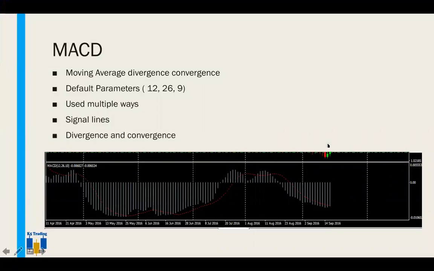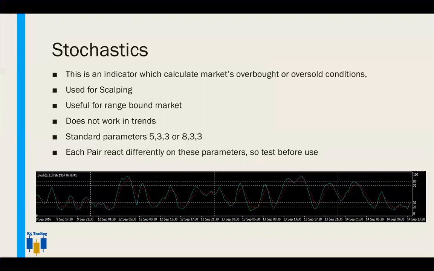Another indicator which I normally use is stochastic. Stochastic is simply an oscillator between 0 and 100. Normally, this indicator I use when the price is in a sideways market. I mean, it's not trending up or trending down, and it's bouncing between the support and resistance.